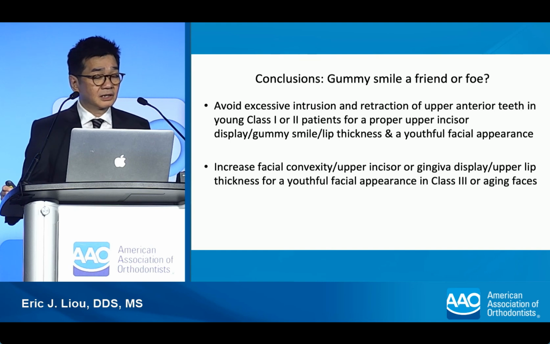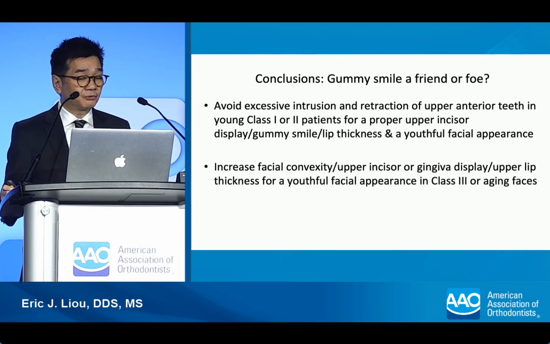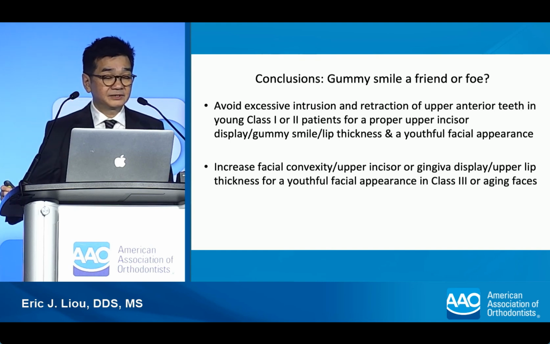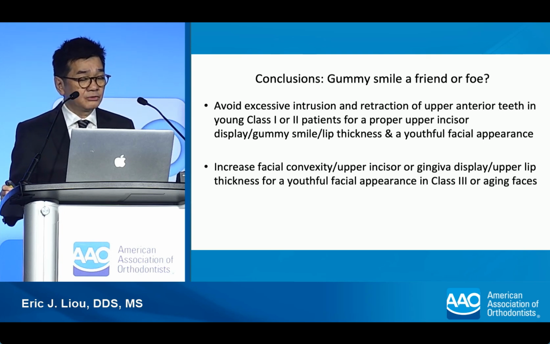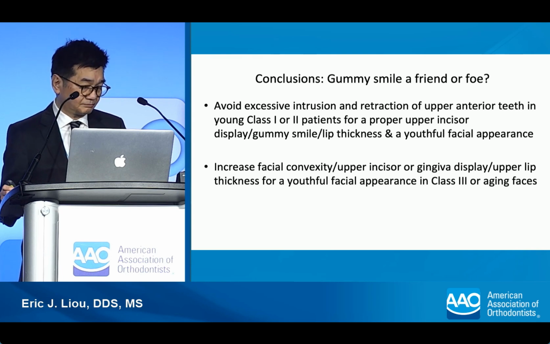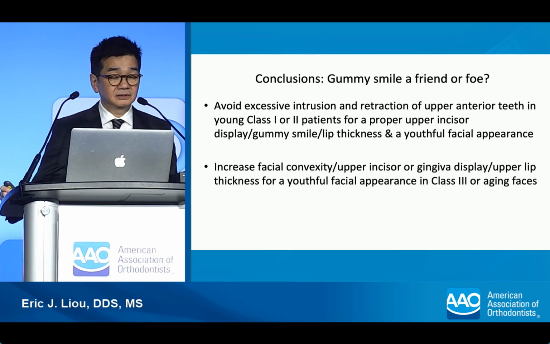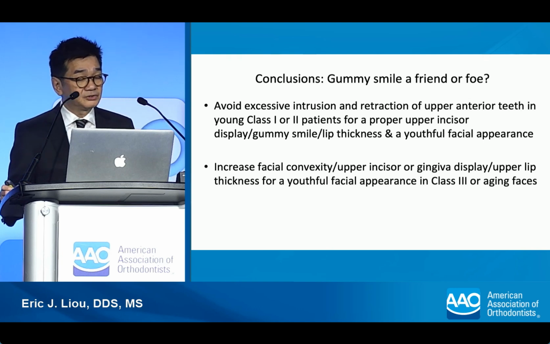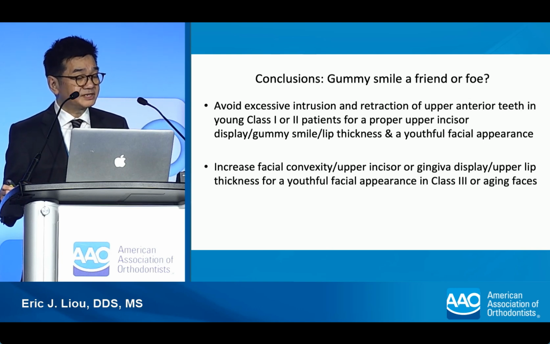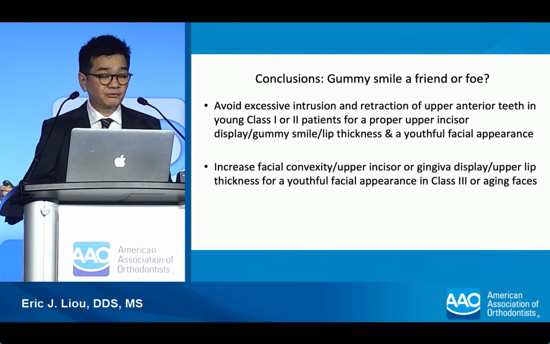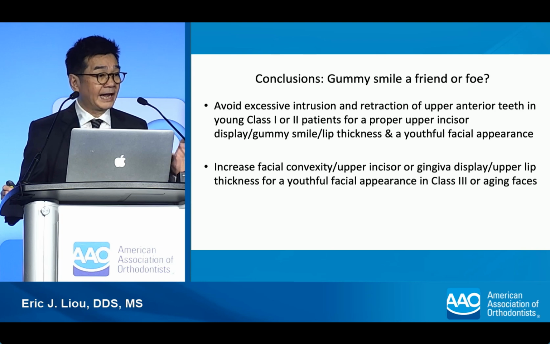In young class 1 or class 2 patients, aim for a proper upper incisor display, gummy smile, lip thickness, and a youthful facial appearance. Increase facial convexity, upper incisor display, gingival display, and upper lip thickness for a youthful facial appearance in class 3 or aging face.